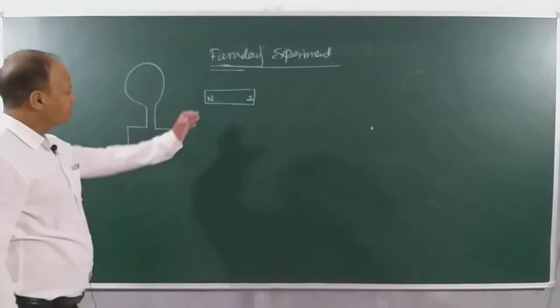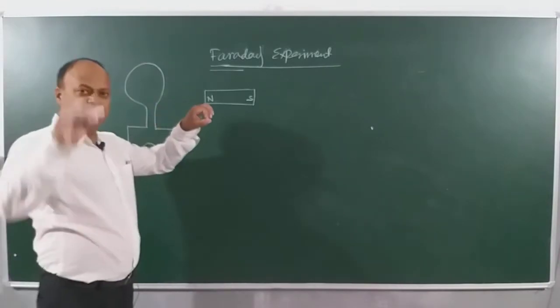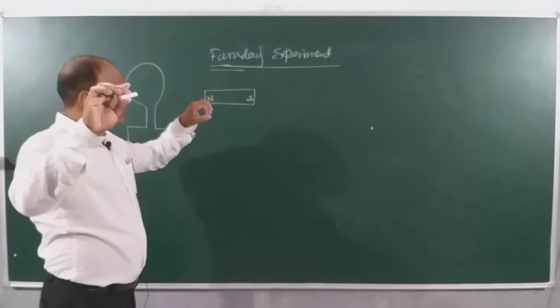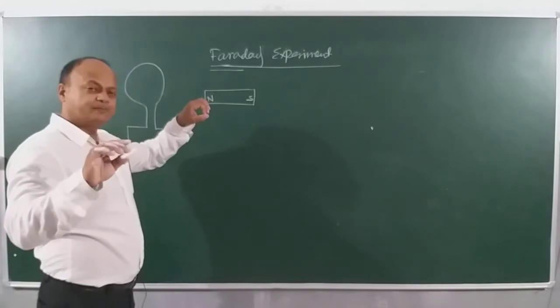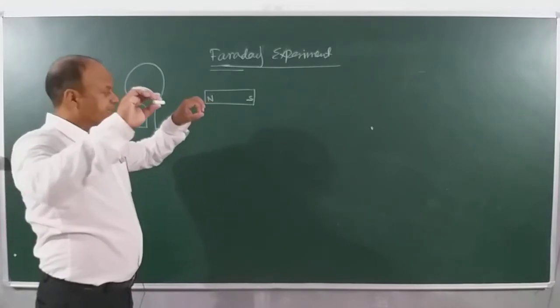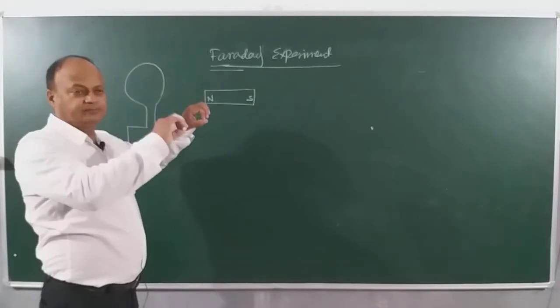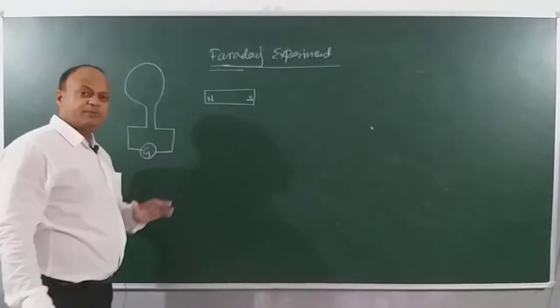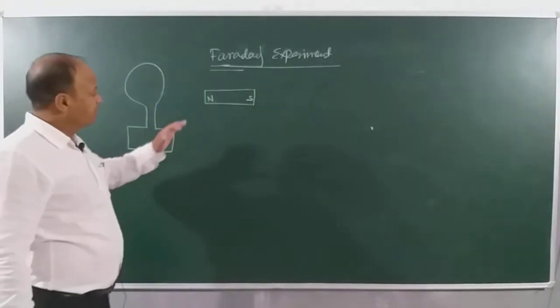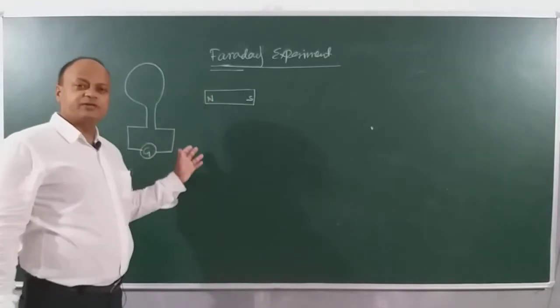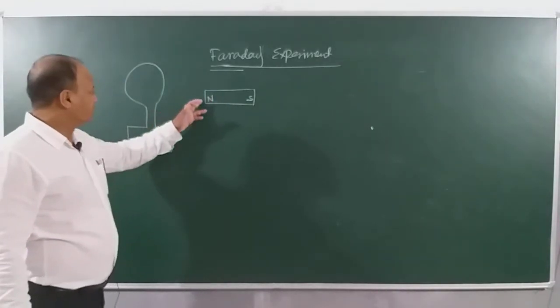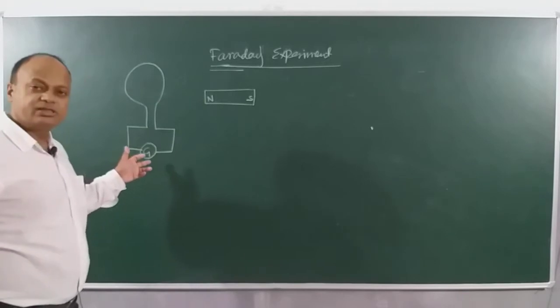Now what he did was, imagine this is a coil and this is a magnet. Keeping the coil stationary, he tried to move the magnet towards the coil. When he started moving the magnet towards the coil, then at a certain instant he found that a deflection was seen in the galvanometer.